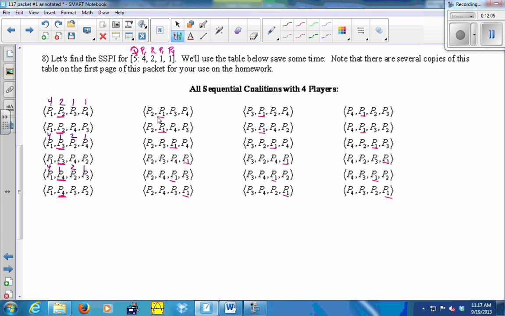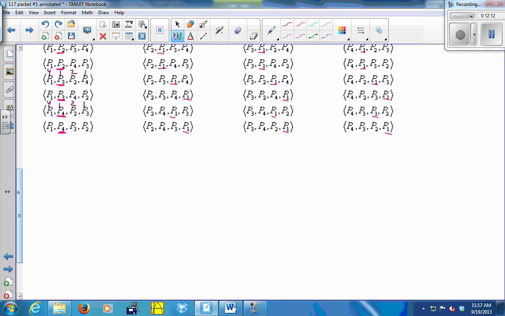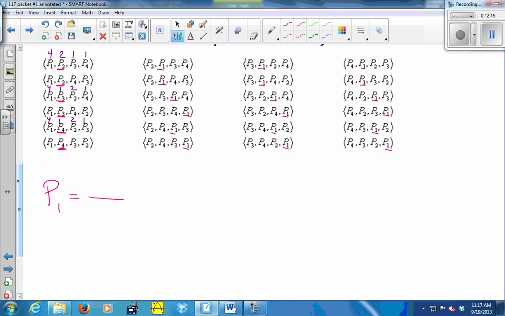Now we finish calculating the SSPI the same way we do BPI. How many times was player 1 pivotal? 18. Out of the total number of times anyone was pivotal? 24, because there are 24 sequential coalitions. Each coalition has exactly 1 pivotal player. So player 1 has 18 over 24.